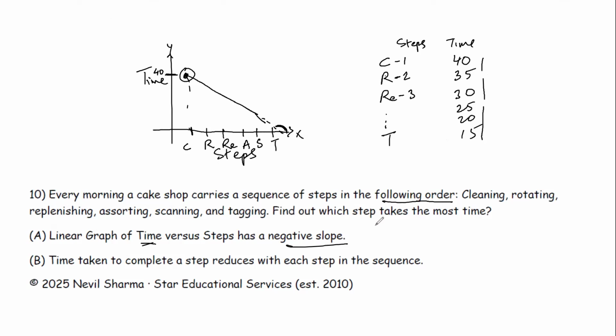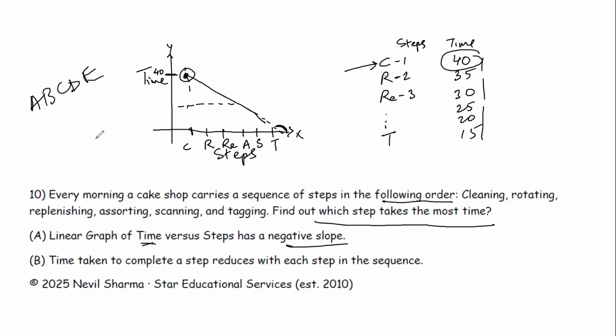And so they're asking, find out which step takes the most time. Clearly, if it has a negative slope, then cleaning will take the most time. So A answers. Now, for those who are wondering what if they each take the same amount of time, then it wouldn't have a negative slope, it would have a zero slope.